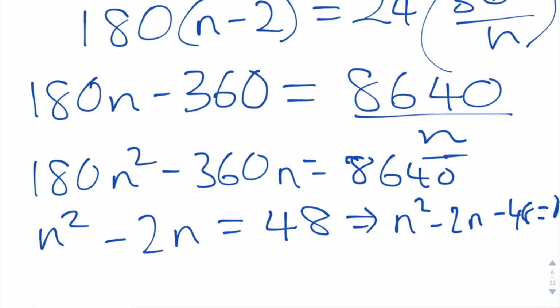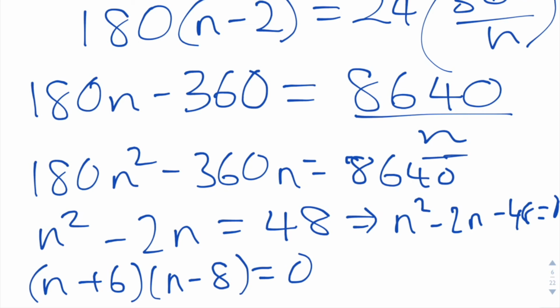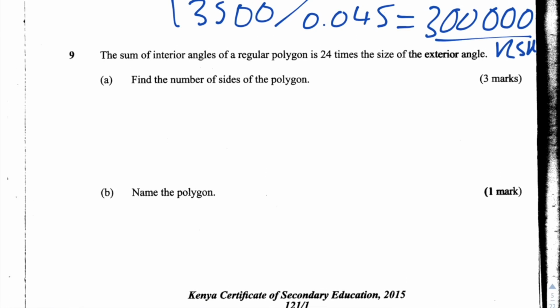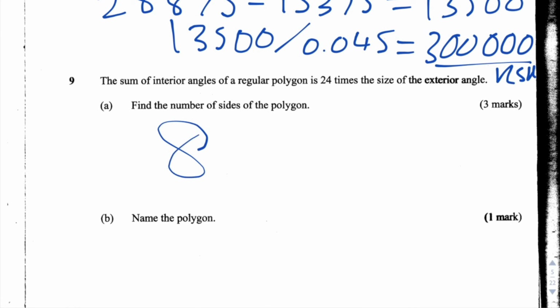So we can factorize this, and that gives us n plus 6, n minus 8 is equal to 0. We know that the number of sides of a polygon cannot be negative. n can't be equal to minus 6, therefore n has to be 8. So it's an 8-sided shape. Name the polygon. It is an octagon.